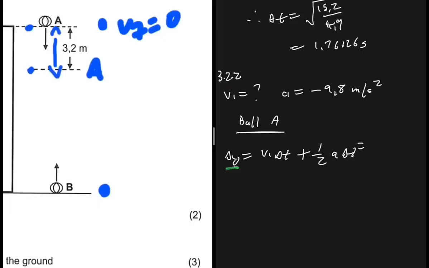That is the time we're interested in, right? We're going to subtract it from the total time, and that will be the time for ball B. Right, so if we substitute minus 3.2, then our VI is 0, delta t plus a half minus 9.8 delta t squared.